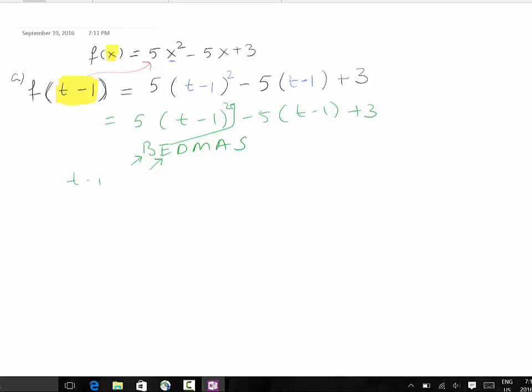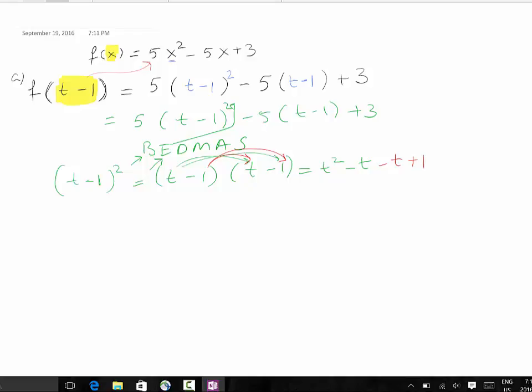So t minus 1 is a binomial. Squared is something like t minus 1 times t minus 1. So you can solve this by using the FOIL method. t times t is t squared, t times negative 1 is negative t, and then negative 1 times t is negative t, and negative 1 times negative 1 is a positive 1.